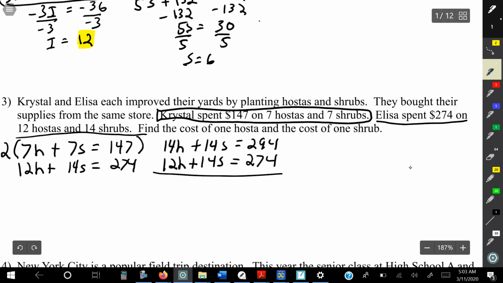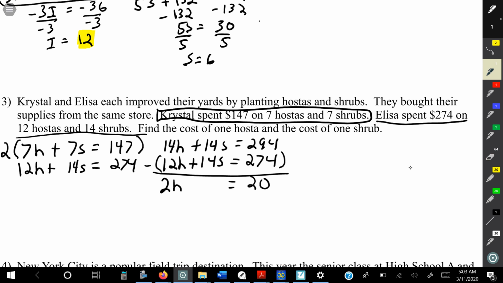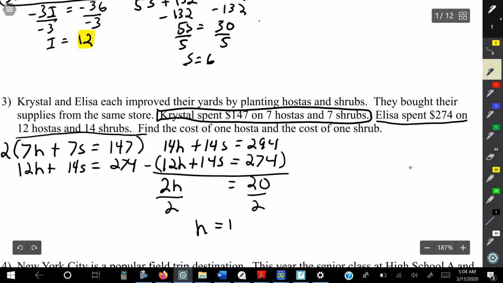And now all I have to do after that is just subtract. Okay, now once I subtract, I have 2h is equal to 20. And then I divide by 2, and h is equal to 10.